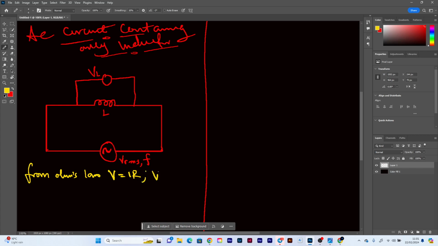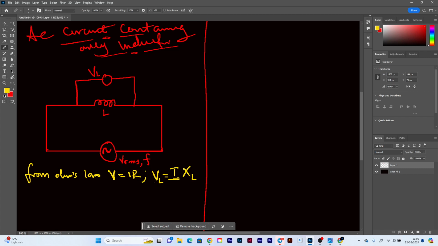So you have that the voltage across the inductor, VL, is equal to the current I flowing in the circuit, then this resistance is going to be inductive reactance, and inductive reactance is written as XL. I'm substituting into Ohm's law now, because Ohm's law is the foundation for what we are doing.